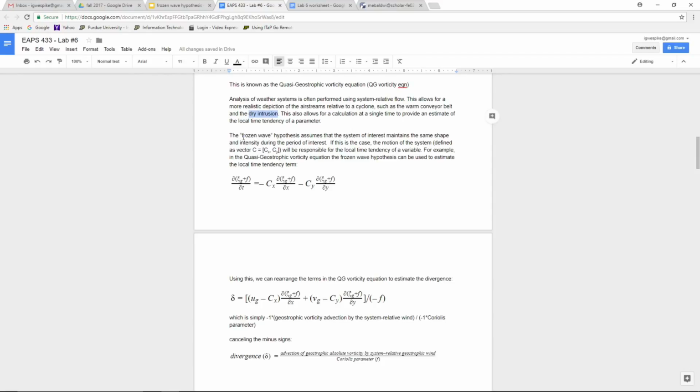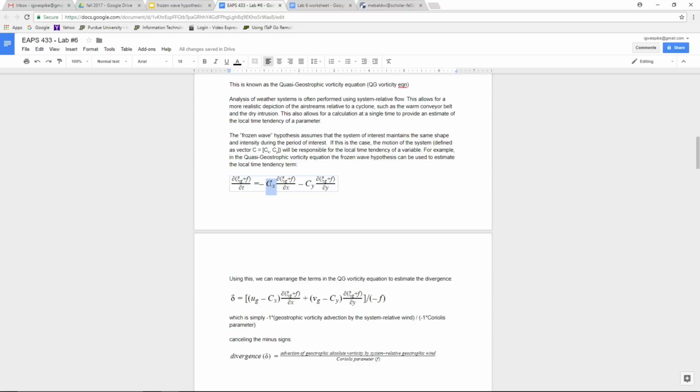So the frozen wave hypothesis basically is a way to estimate the local time derivative, and it ends up being equal to sort of an imaginary advection by the system motion itself. So this c sub x and c sub y are components of the system motion vector, capital C.